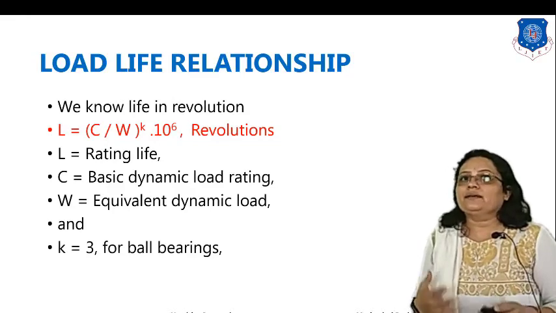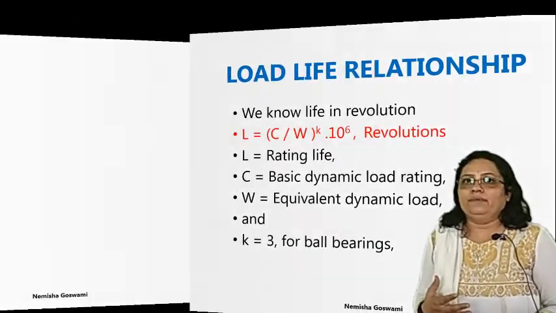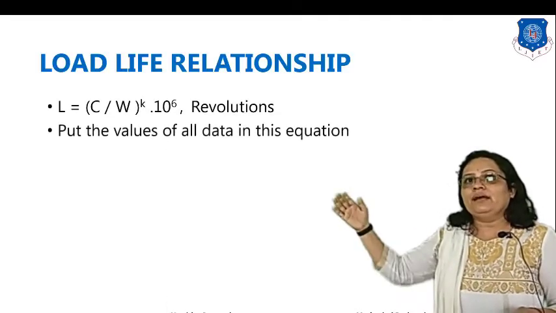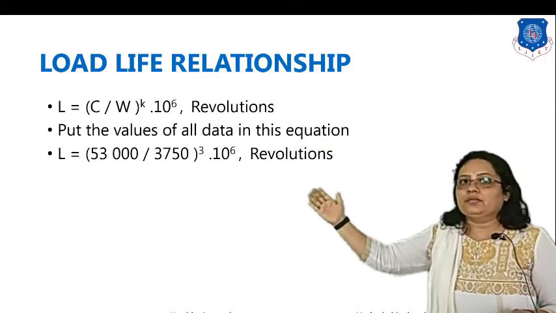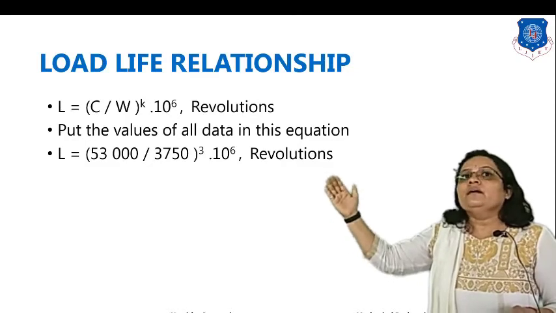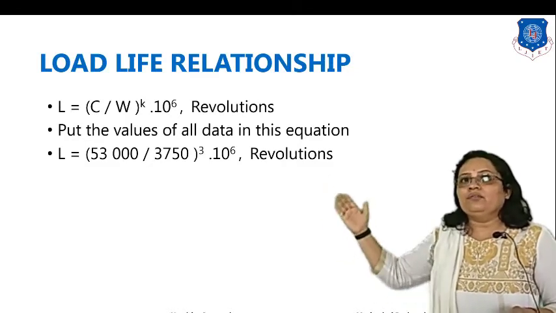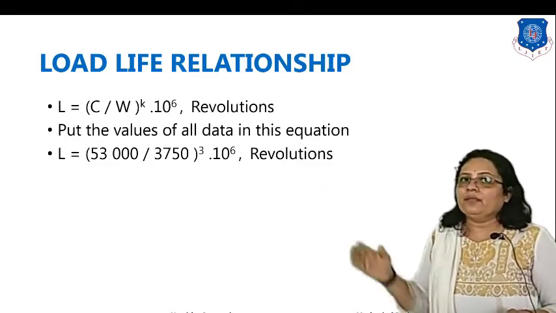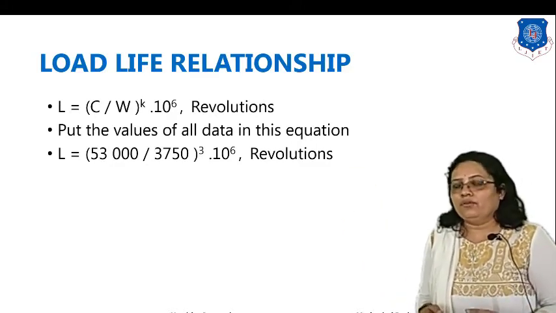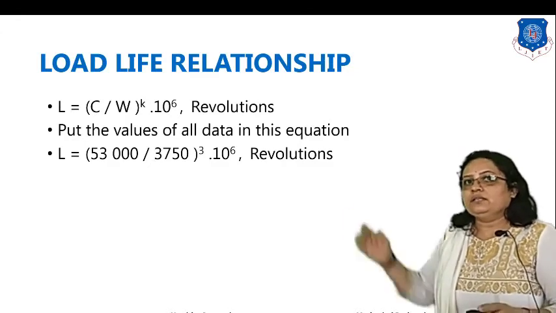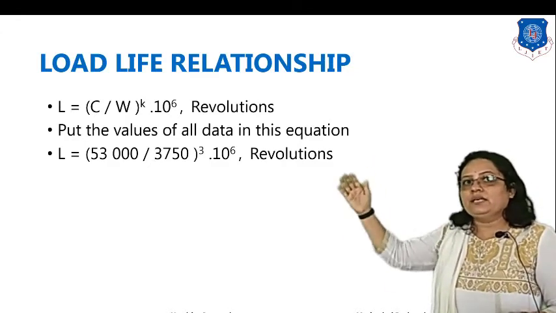And K is equal to 3 for a ball bearing, right? So C is 53,000 Newton divided by W. W we have found out as 3750, to the power 3 because this is the case of a ball bearing, right? And multiplied by 10 to the power 6 revolutions.